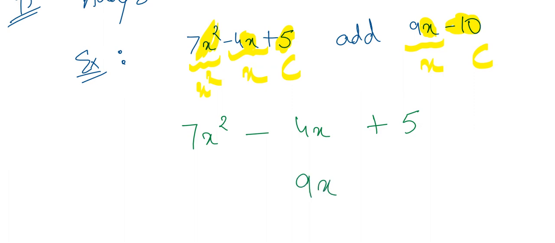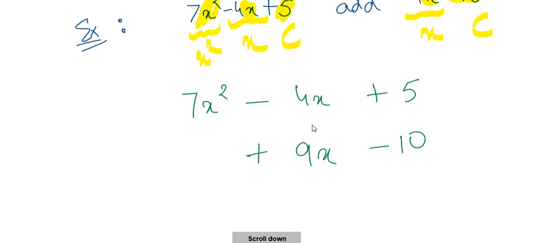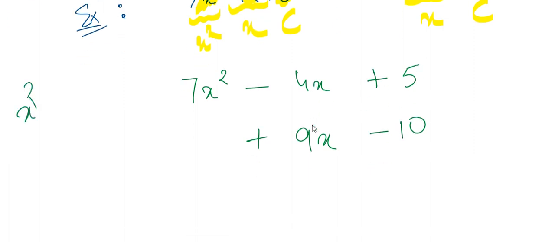Since I am adding, I would put a plus sign, and I have minus 10 here, so I would put it just below my other constant. So if I have x square, below which should be the x square term. If I have x, below which there should be the x term only, and if I have a constant, below which I must have another constant.